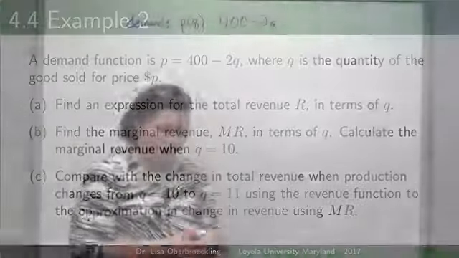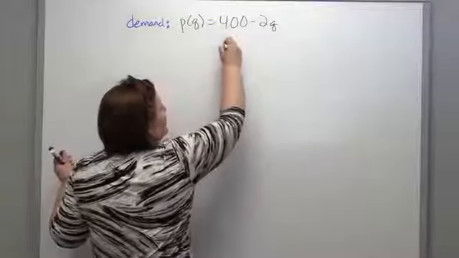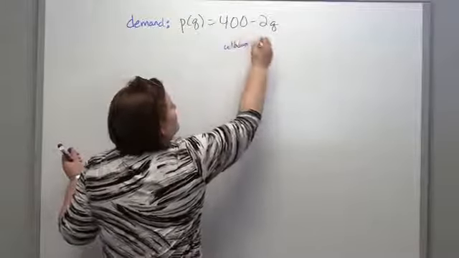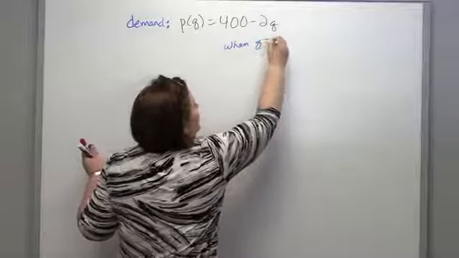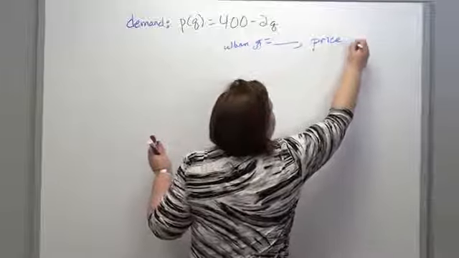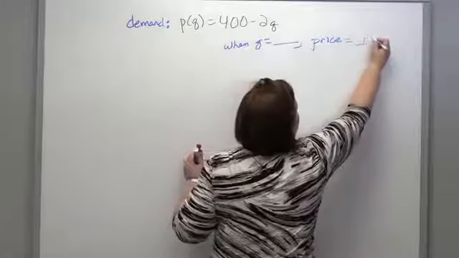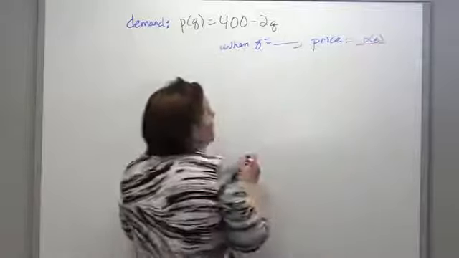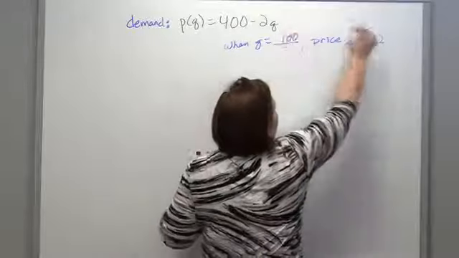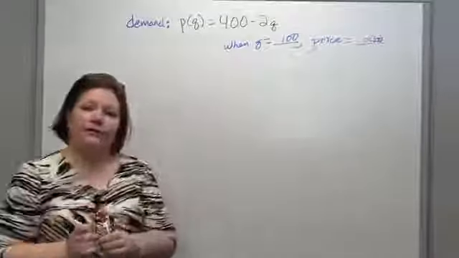So we're given the demand function, little p of q equals 400 minus 2q. And the meaning behind this is, when q equals blank, the price is... so if I have 100, the price is little p of 100.